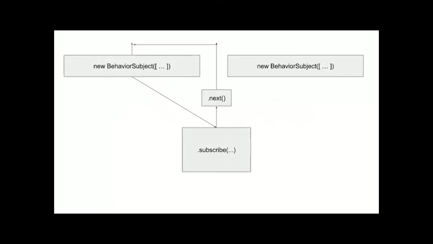Now how this ties directly to our custom elements is that we are going to tie our custom element properties directly to observables. So in this case, this is another way to think about the same information. Here we have two different stores, two different states of data. Both of them are behavior subjects, and we have one single view. So now from here, everything is the same.